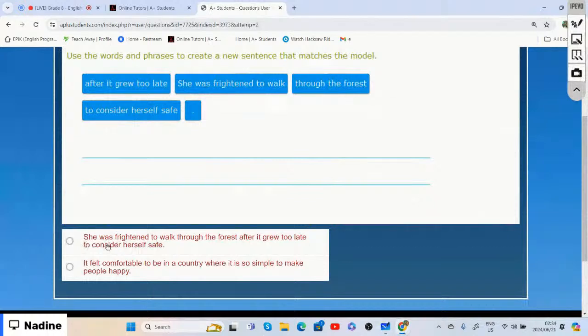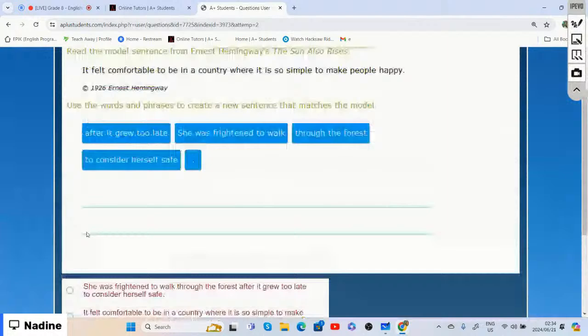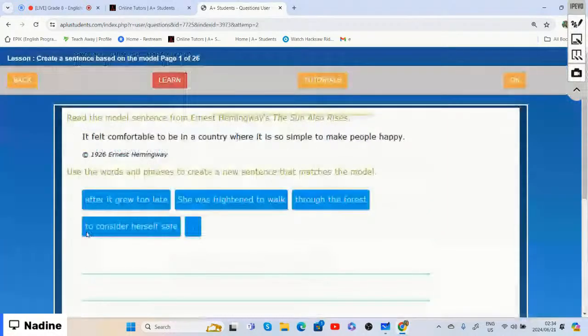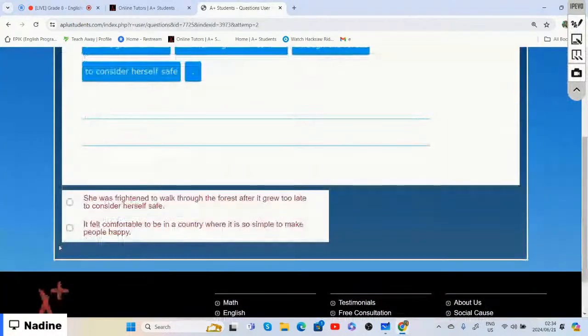Is it the first one here? It says, she was frightened to walk through the forest after it grew too late to consider herself safe. Or do we say it felt comfortable to be in a country where it is so simple to make people happy? When we create the sentence, is it option one or option two? Which one is correct?